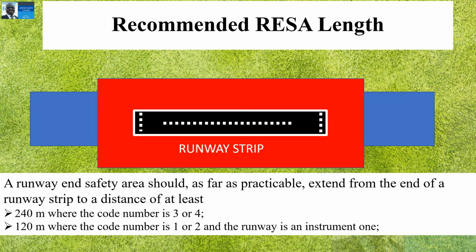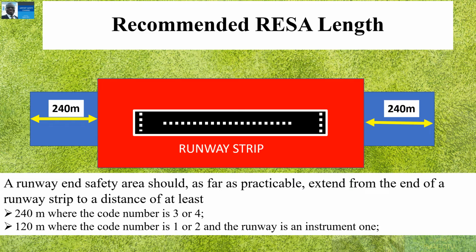Annex 14 recommends that a runway end safety area should, as far as practicable, extend from the end of a runway strip to a distance of at least 240 meters where the code number is 3 or 4, or 120 meters where the code number is 1 or 2 and the runway is an instrument one.